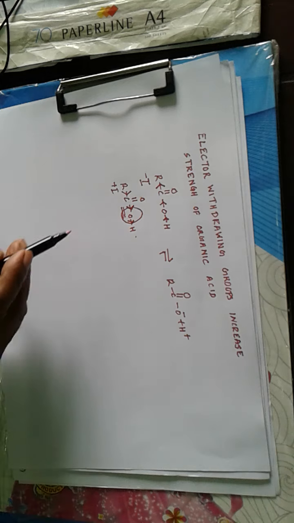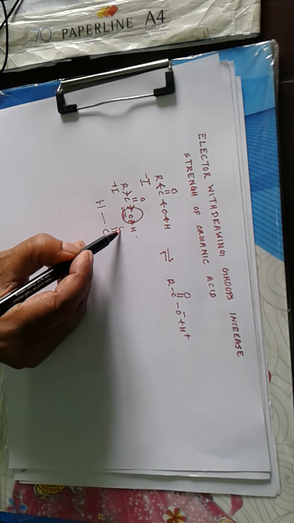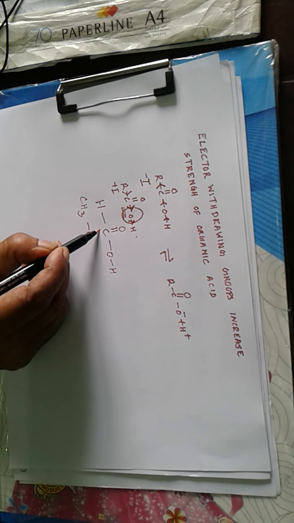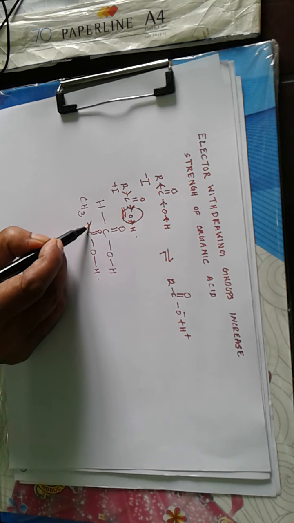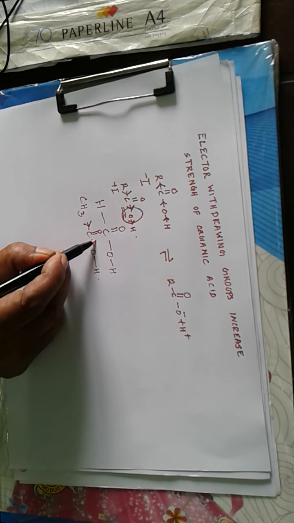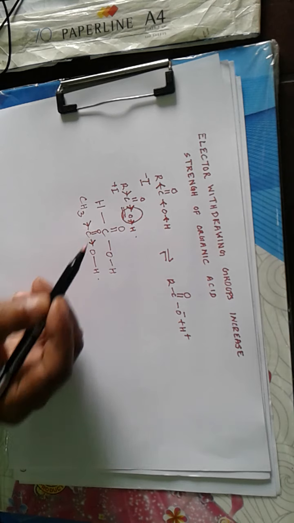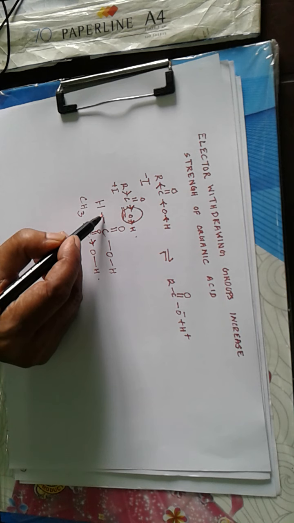Now you compare the simplest acid, that is formic acid, and acetic acid. Now the methyl group shows a plus I effect, so that electron density around the oxygen atom is increased, whereas hydrogen and carbon have a small electronegativity difference, so that the pushing here is very small.